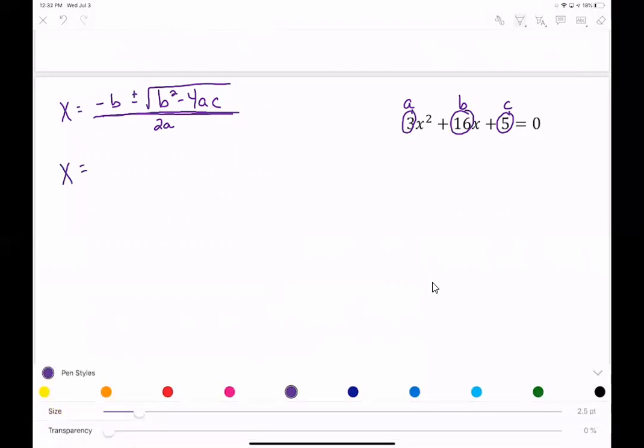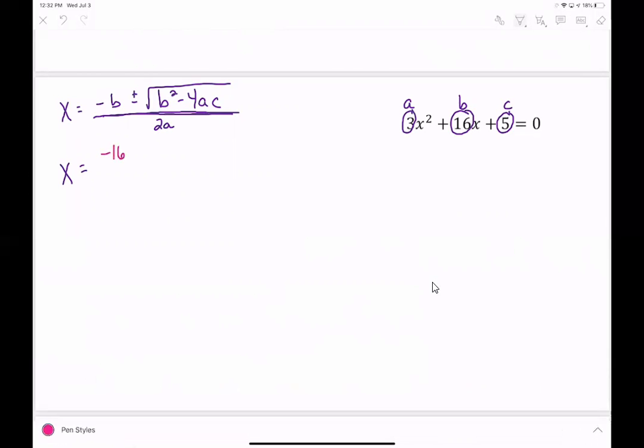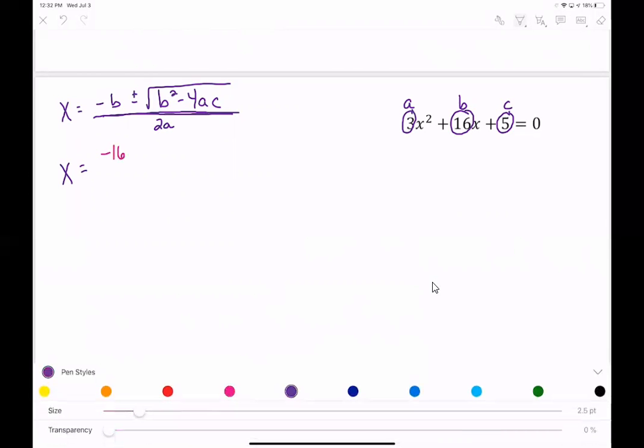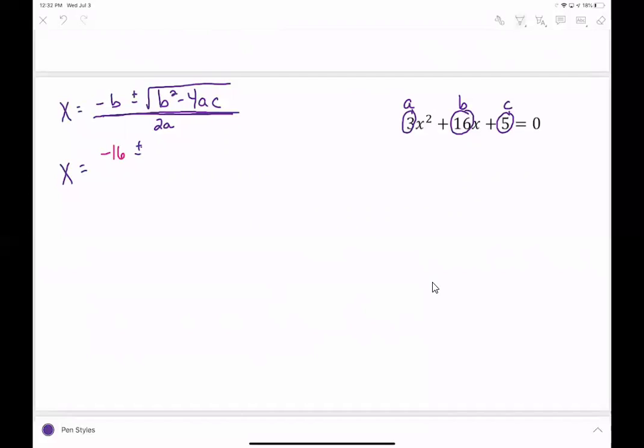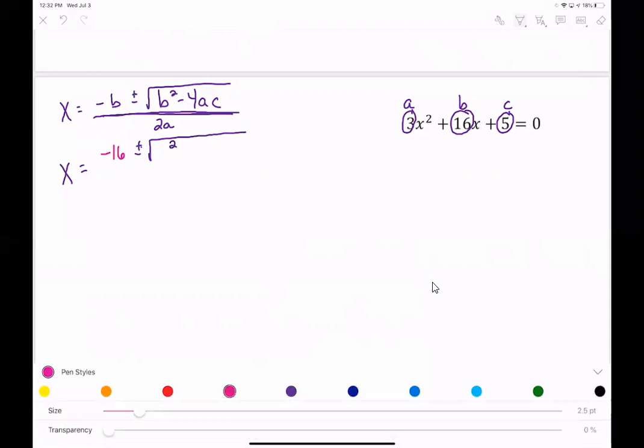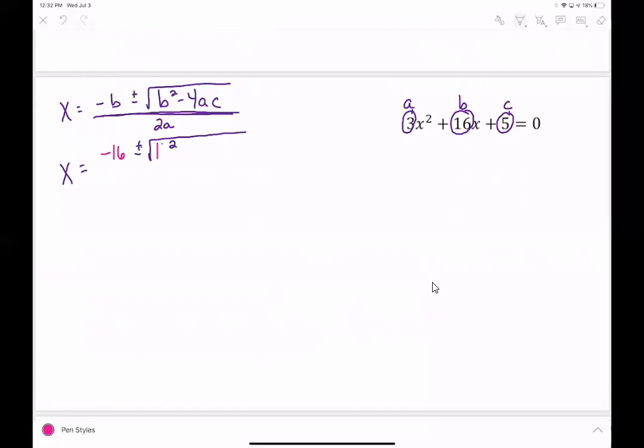In place of our variables, I'm going to substitute. So for b, b is a positive 16, so it's the opposite of 16, plus or minus the square root of, instead of b, I'm going to put in my 16 again. So I'm going to have 16 squared.